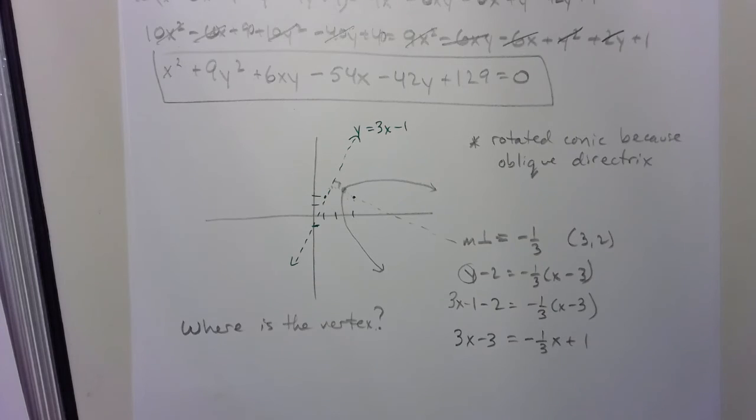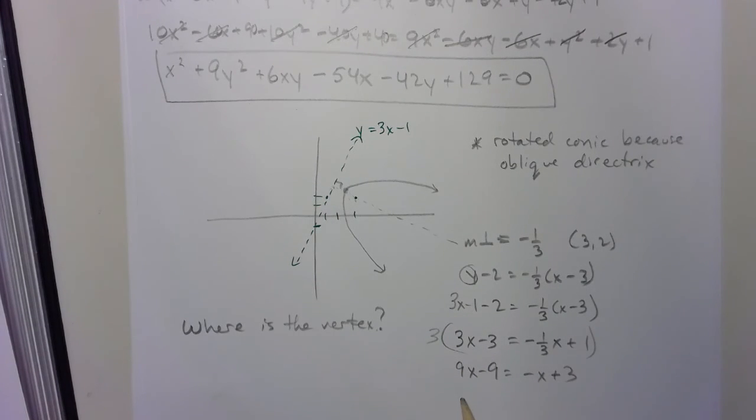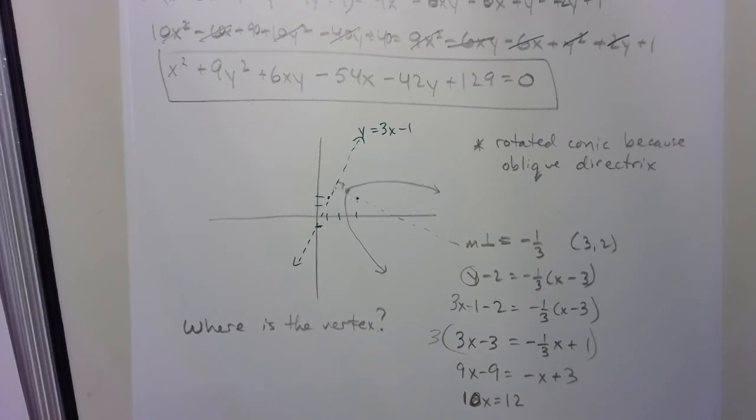If I scale everything by 3, just so I don't have to deal with fractions, and move that over, I get 8x equals 12. So x equals, let me make sure, 10, because I'm adding, and I'm going to get 6/5 as my x value. So that's the x value of the intersection.